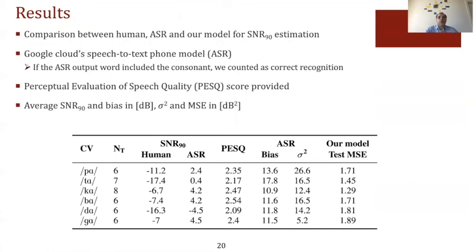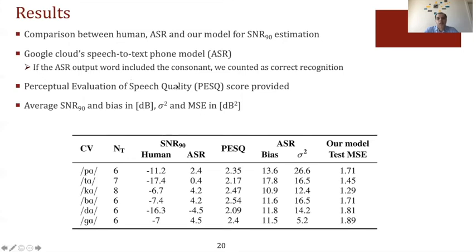So here are the results. For each consonant, we focus on stop consonants in this project. For each consonant, we have the original number of sounds. For example, pa has 6 original sounds. This is the average SNR90 based on human, and this is the average SNR90 based on ASR. The ASR here is the Google Cloud speech-to-text model, phone model.